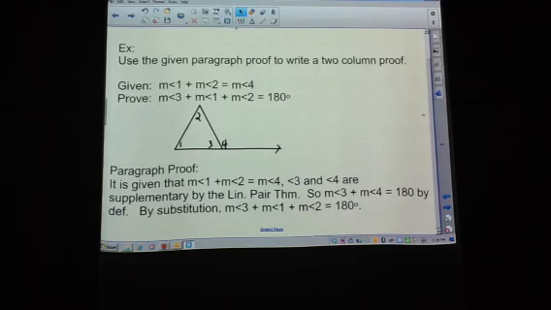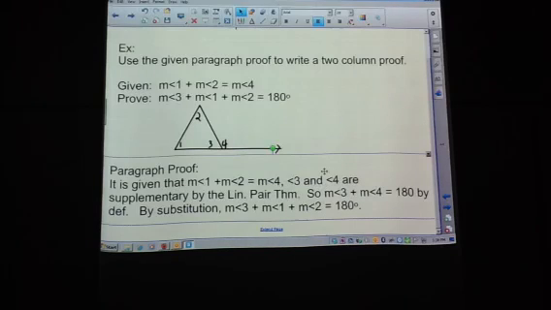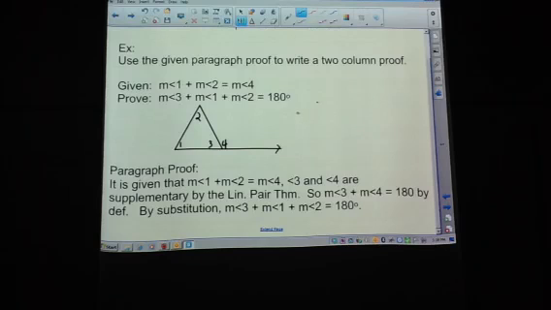They're probably going to give us a paragraph proof right down here, and we're going to have to write that as a 2-column proof. They give us all the information, and we just have to funnel this into a 2-column proof again. So not too hard, because everything is listed out for you.